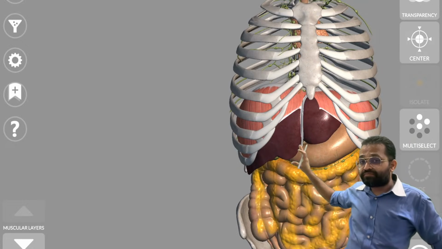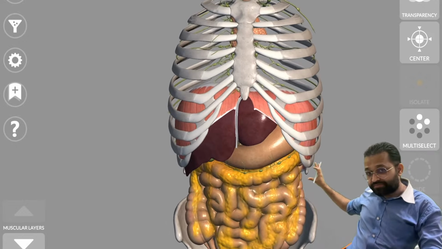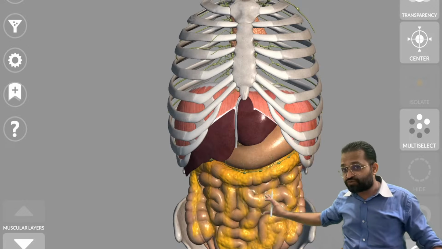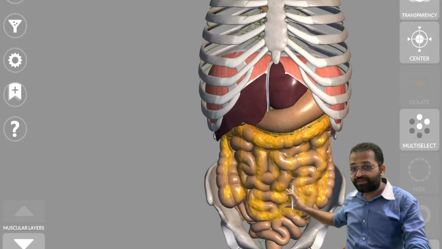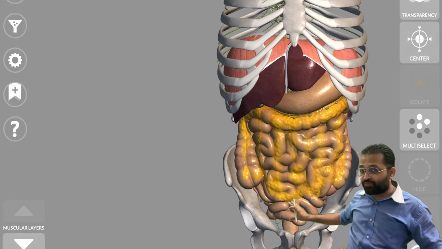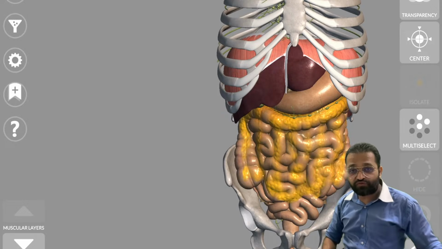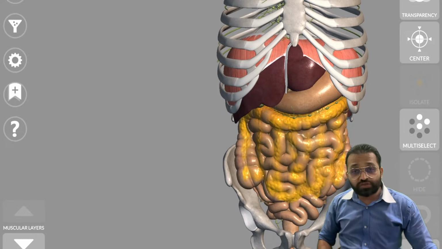Right lumbar, umbilical, left lumbar area, then right iliac fossa, hypogastrium, and here is the left iliac fossa. So a total of 9 regions are there.